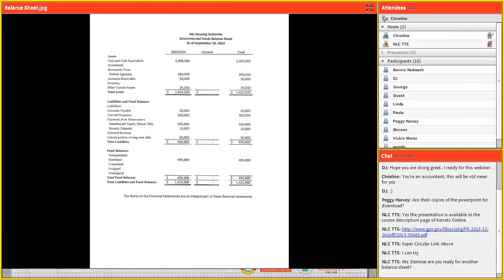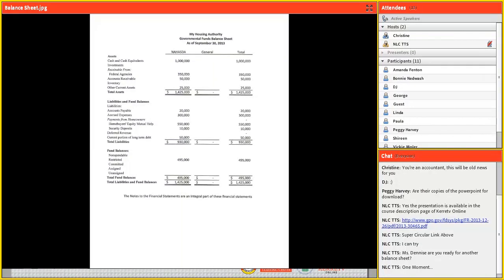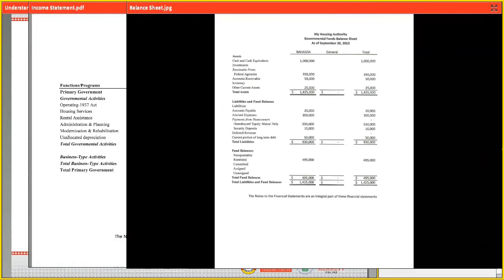Nope, that's assets. The one that goes with that. All right, let's hold for a second and see if we can get that.